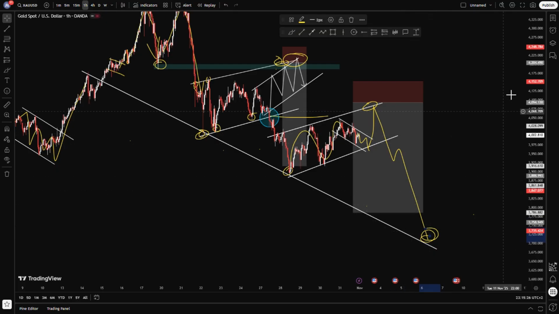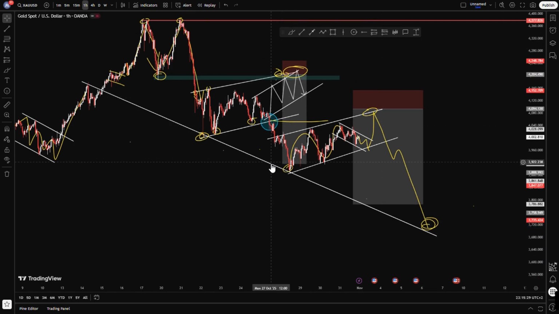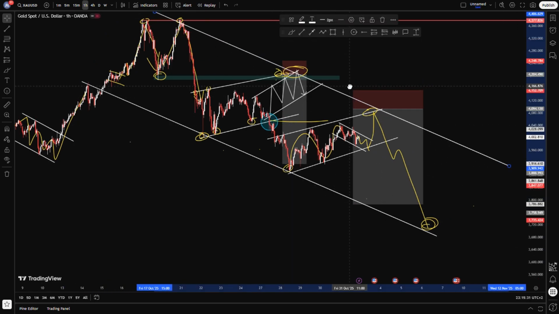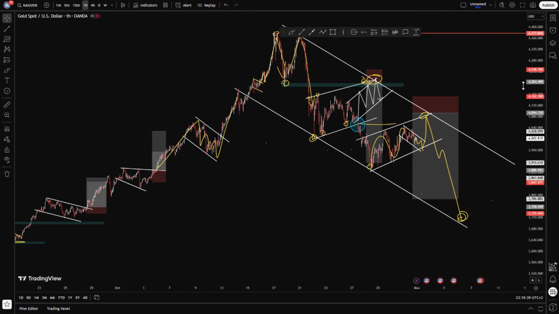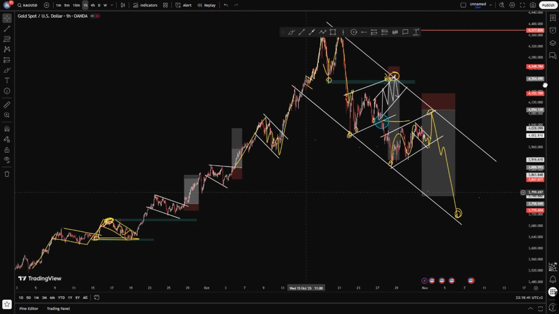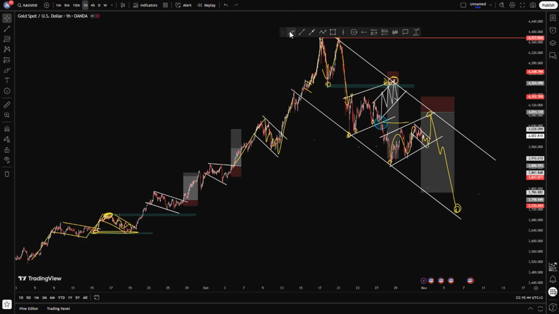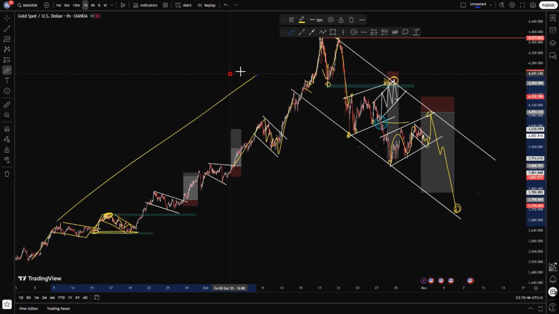Because now, take a look at this. You have to remember that gold is in a very strong bullish trend, right? If we zoom out like this, you can see gold is bullish.